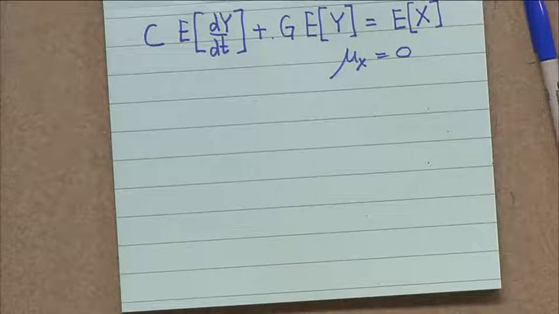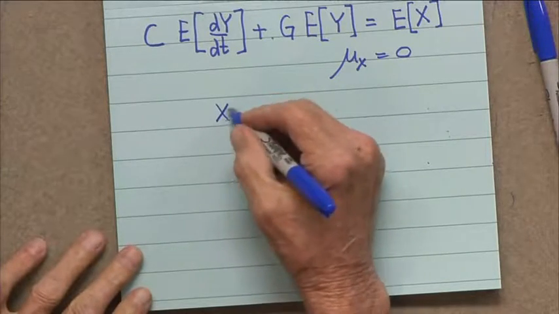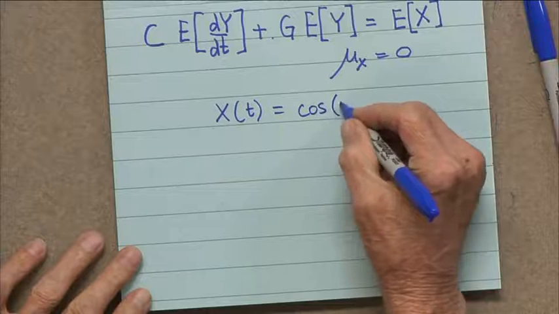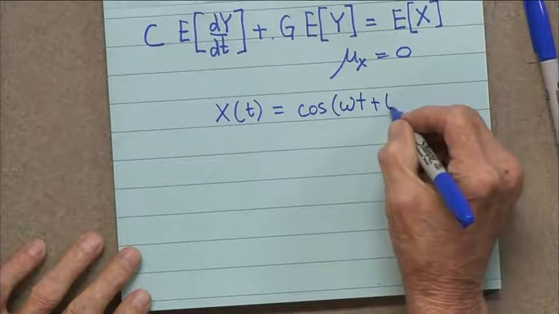The random phase signal, x of t equals cosine of omega t plus theta.